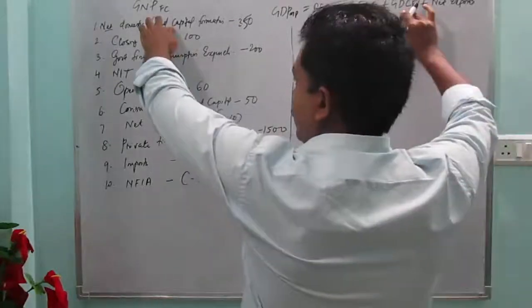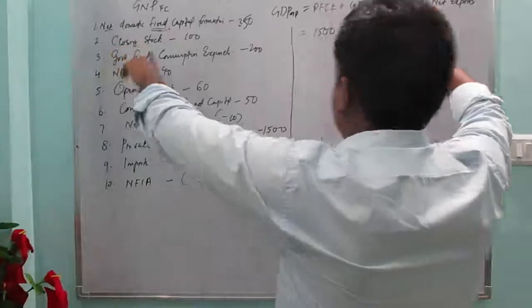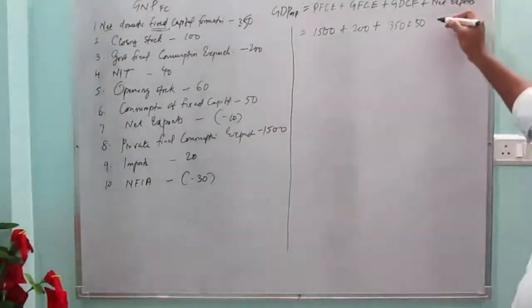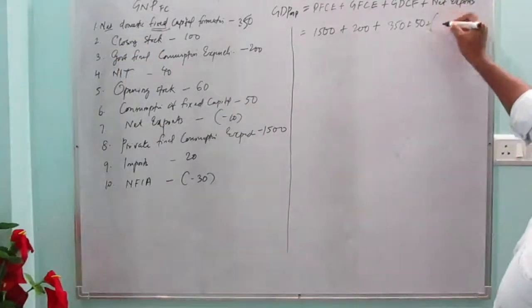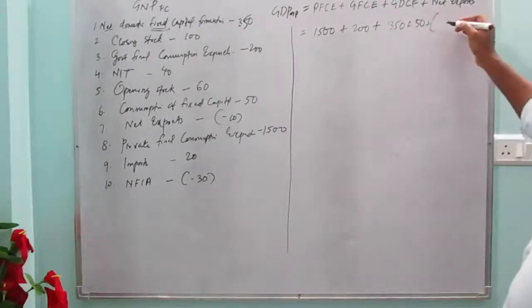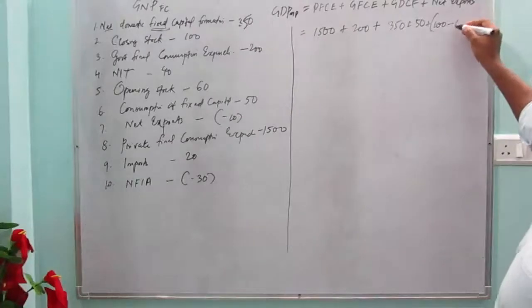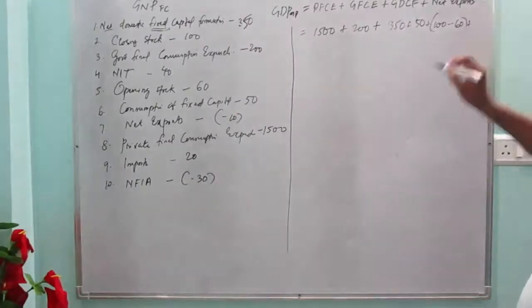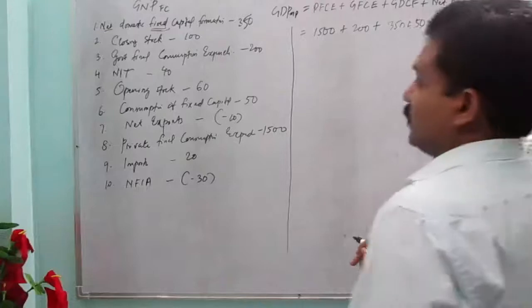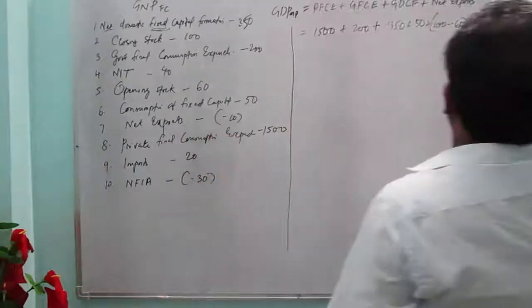A part is this one, a part is change in stock. So closing stock 100 minus opening stock 60, plus net exports, that is minus 10.